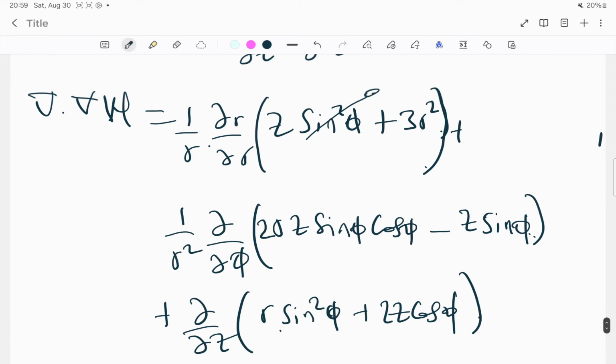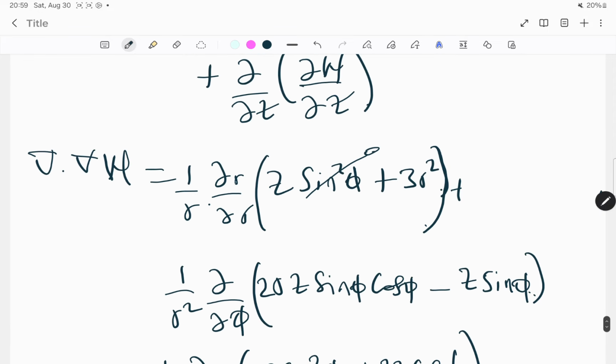I remember I have r, there's r squared here, right? I have r here, you multiply here by r. So when you multiply this r inside, this becomes r, and here r to the power 3.